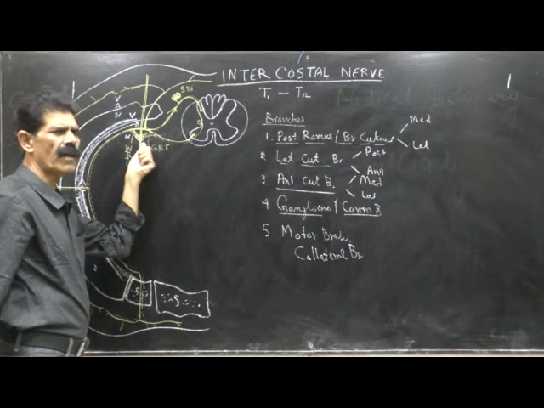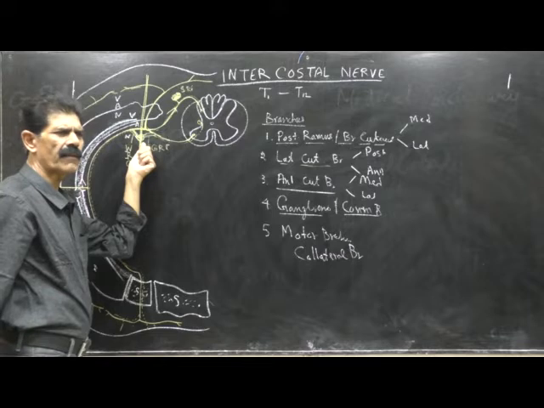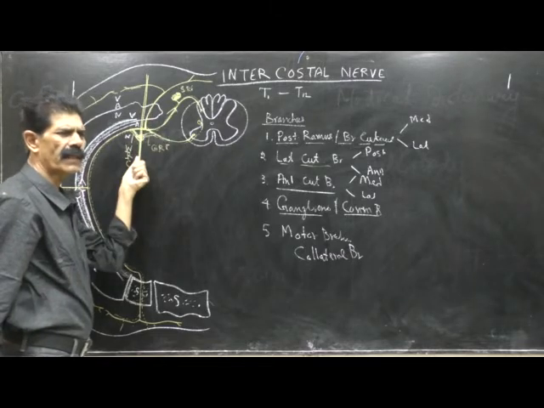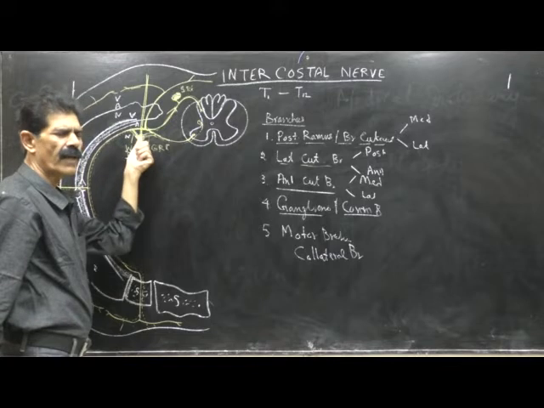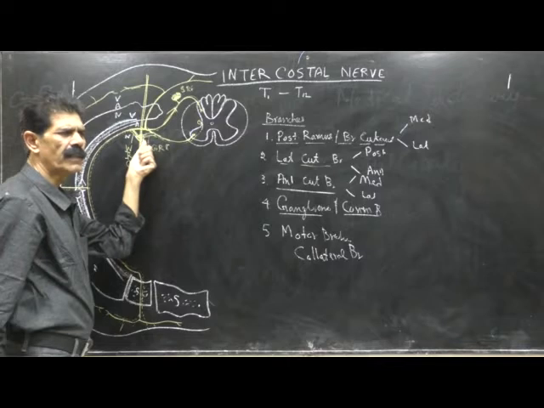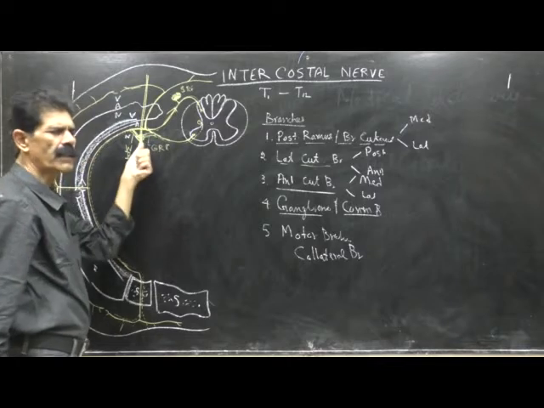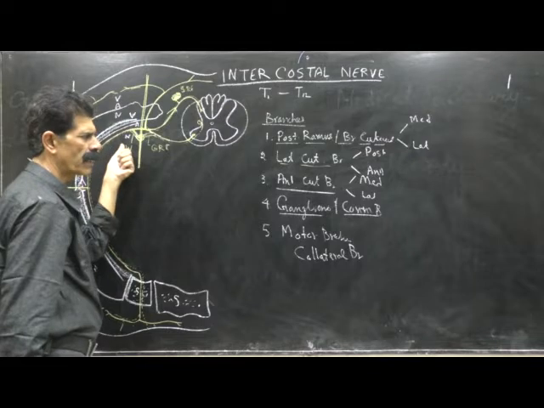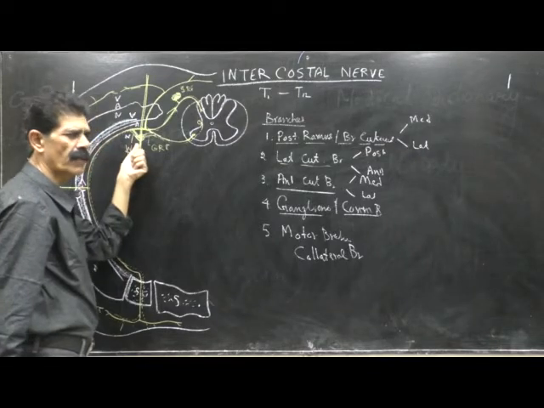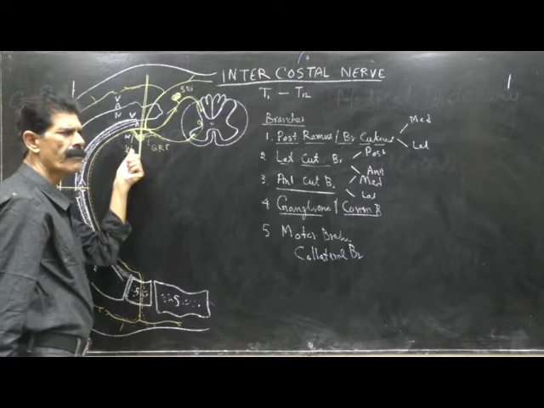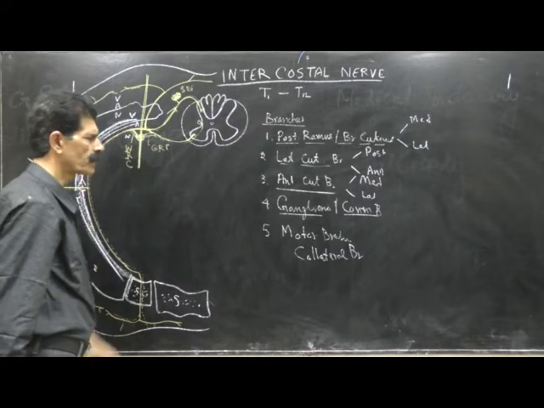If there are 12 intercostal nerves, there are 12 sympathetic ganglia also. They are very near to the exit point of the intervertebral foramen of the thoracic spinal nerve. They are called communicating because they communicate the intercostal nerve with the sympathetic ganglion.